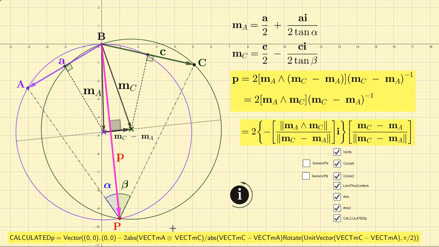But the cross product is equal in magnitude and in algebraic sign to the wedge product of these two vectors. So I can just use this cross product, or its value in algebraic sign, in this scalar multiple here. And of course, the norm of MC minus MA in GeoGebra is just the absolute value of that. So that is how we can use GeoGebra to check our solution without having to go through the mess of using coordinates.